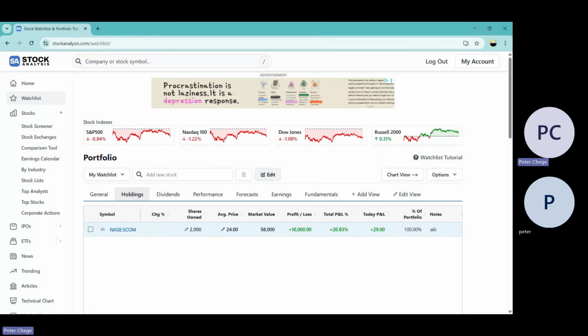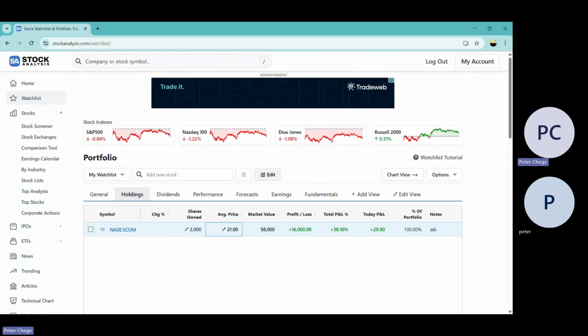I'm able to track both brokers' portfolio valuation using stock analysis without me selling or transferring. I'm only doing the averaging, then I come and put the average cost and the total shares.